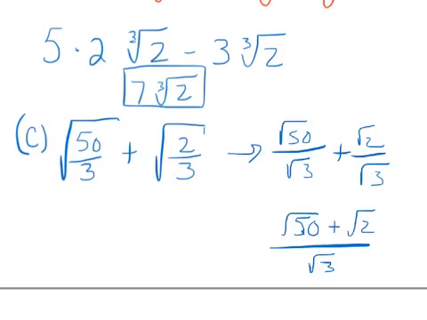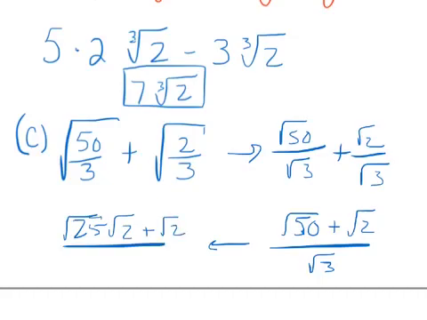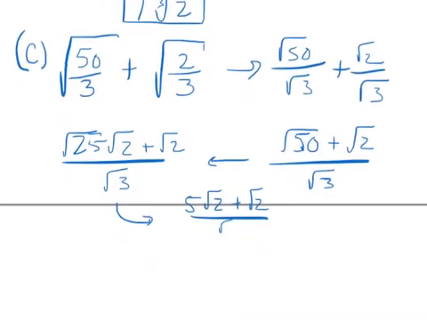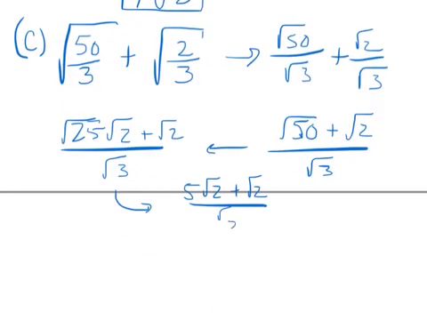Now, 50, though, can be broken down, can it? Yeah, 50 would be 5 root 2, because it's really 25 and 2. Right? 50 is 25 times 2. So you could go on and say... Okay, that's what you could do here.